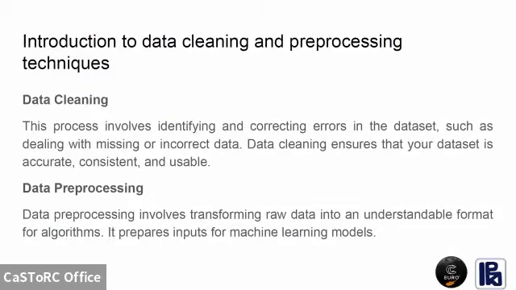The first one, data cleaning, is usually the process of identifying and correcting errors in your databases, such as missing or incorrect data, and what strategy you can use to improve it or handle these inconsistencies. Data cleaning strategies ensure clean, accurate, and consistent usable data.